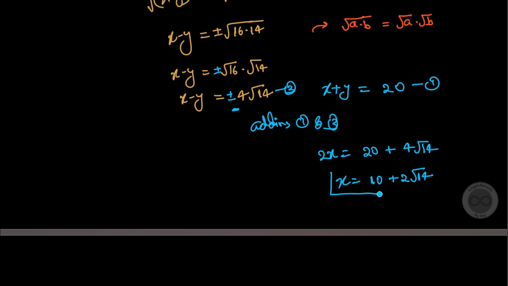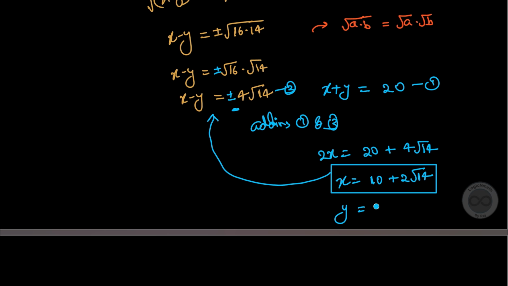So if x is equal to 10 plus 2 root 14, then after putting this in equation 1 or equation 3, we get y is equal to 10 minus 2 root of 14. Now what if we had used the value of x minus y as negative 4 root 14?